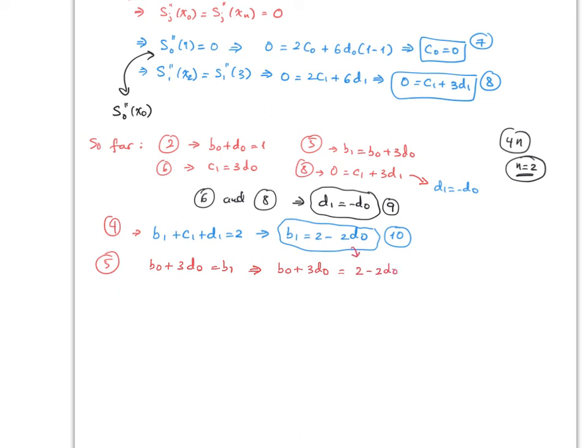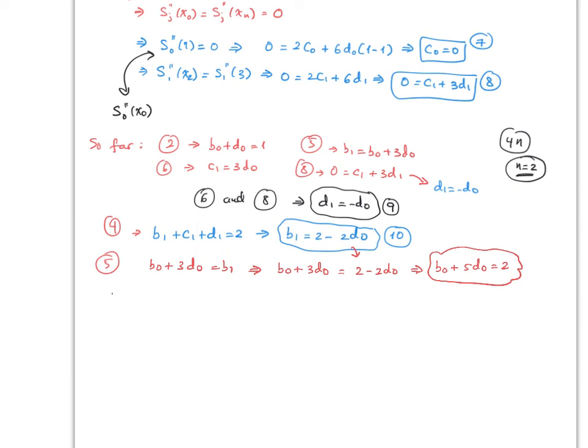You substitute this instead of b1, and this simplifies to b0 plus 5d0 equals 2. Technically you can say this is equation 11, but it's really just equation 5.